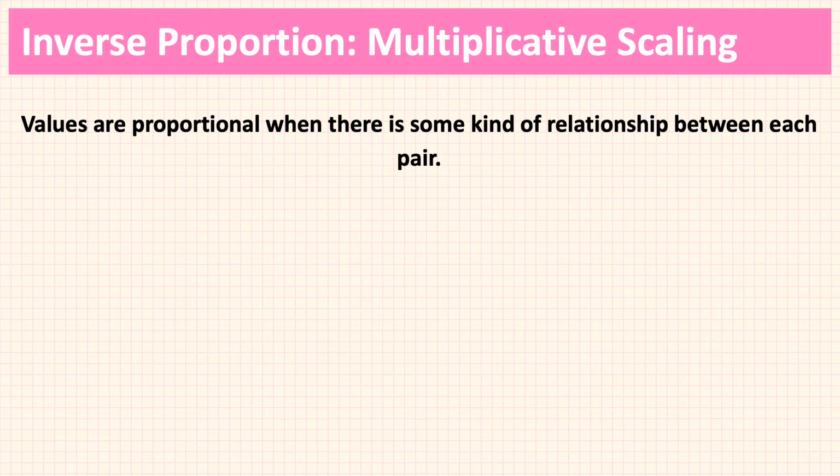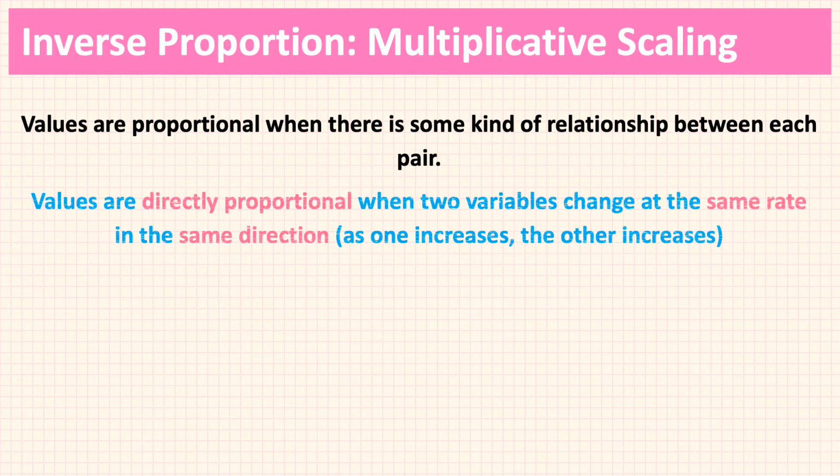So what you saw last time was that values are directly proportional when two variables change at the same rate and in the same direction. So for example, as one increases, so does the other one. And we saw an example of this with recipes in the last session.